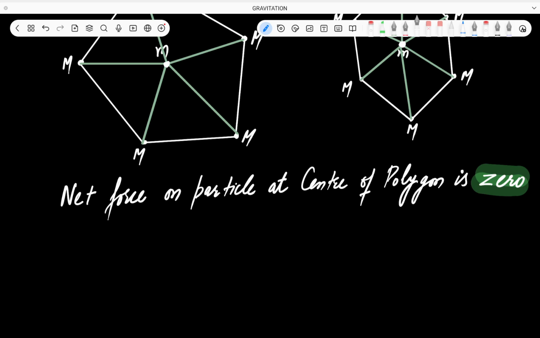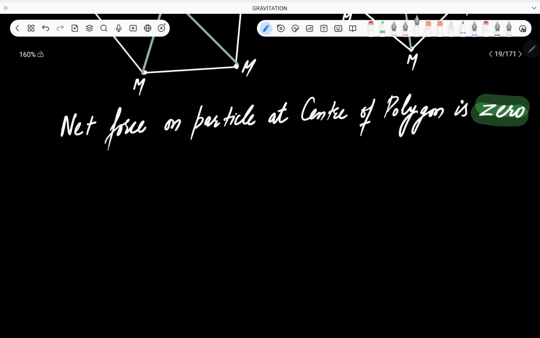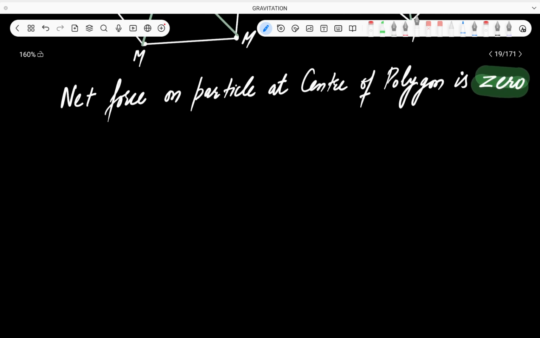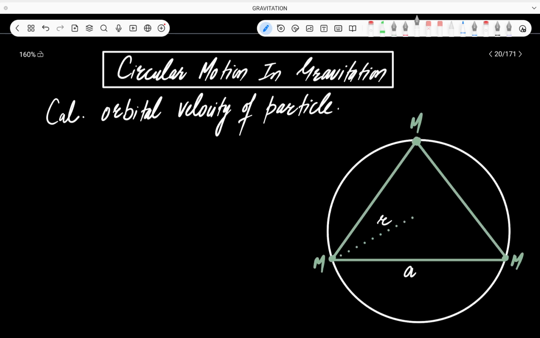So whenever we place n identical particles at n corners of a regular polygon, the net gravitational force on a particle at the center of the polygon is 0. You will remember this, it is an important point. So in each of these examples, the net force on the particle at the center of the polygon will be equal to 0, because the resultant of those forces will be equal to 0.